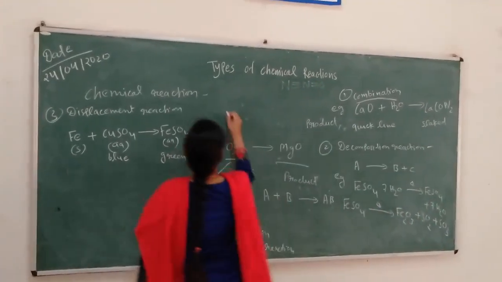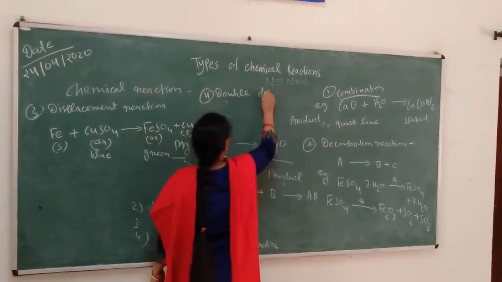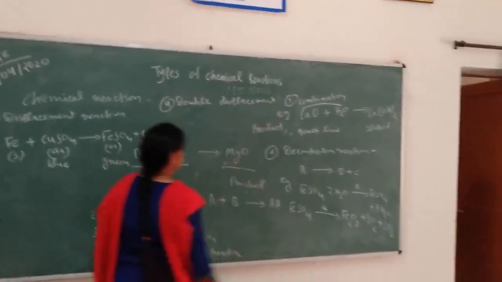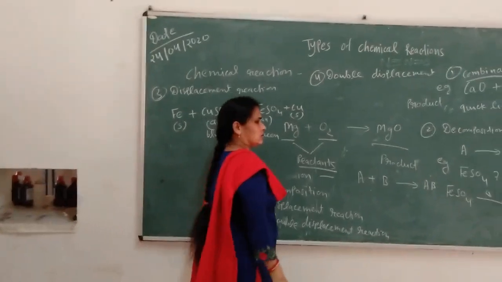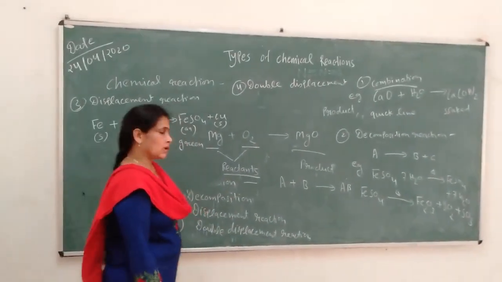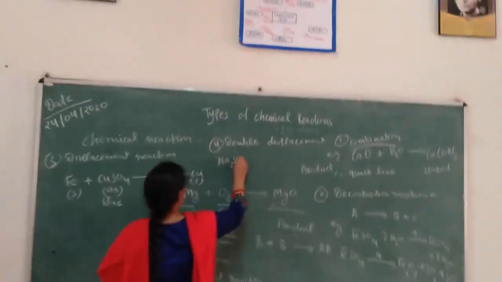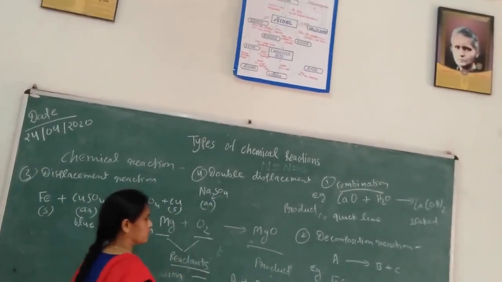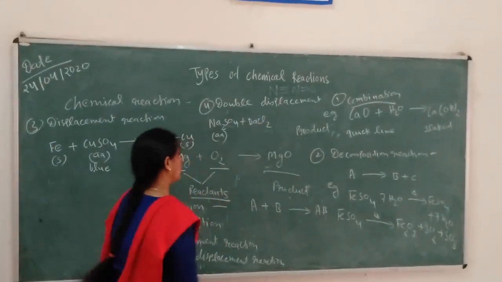double displacement reaction. In this type of reaction, exchange of ions takes place. Means two compounds, for example, sodium sulfate, one compound in aqueous state, and another compound, that is barium chloride, also in aqueous state.